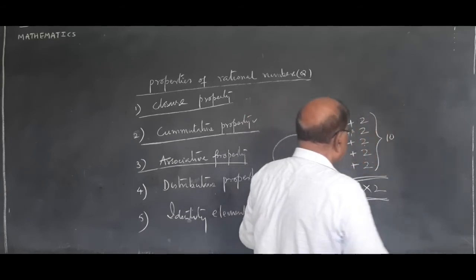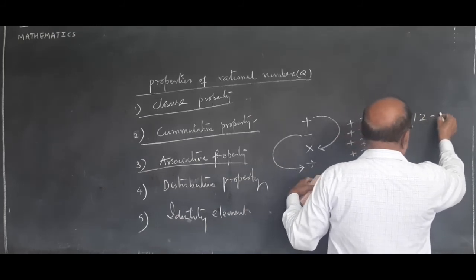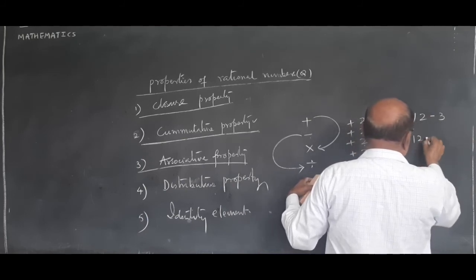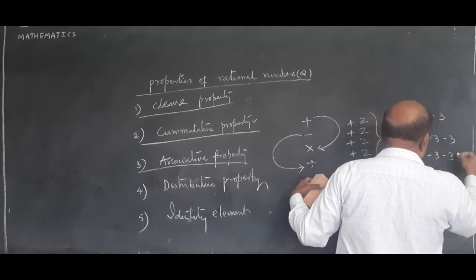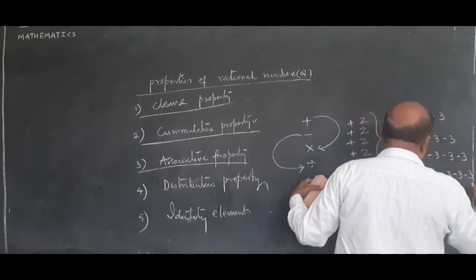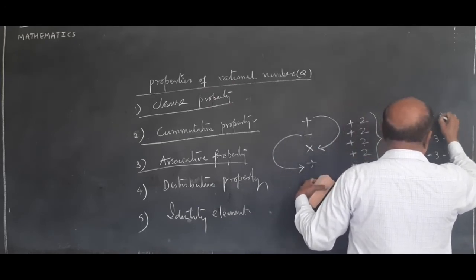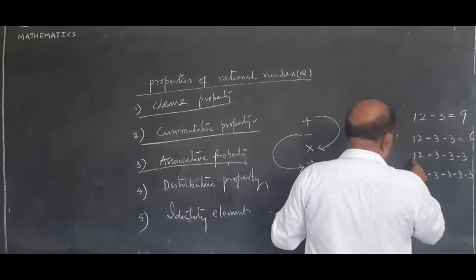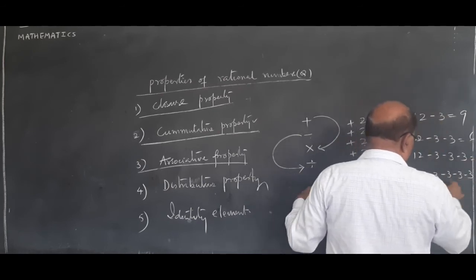For example, you take 12 minus 3, repeating, taking again a second time. 12 minus 3 minus 3, 12 minus 3 minus 3 minus 3, 12 minus 3 minus 3 minus 3 minus 3. So here you are getting 4, no? 12 minus 3, 9, 12 minus 6, 6, 12 minus 9, 3, 12 minus 12, 0.